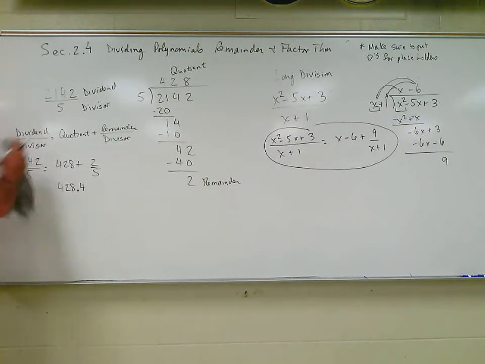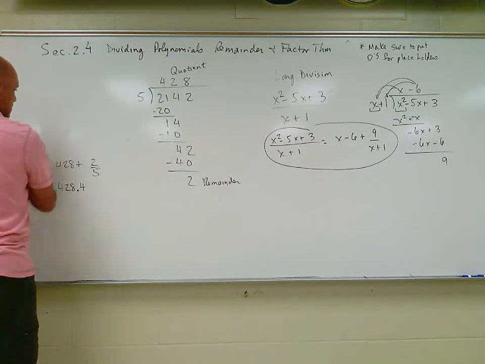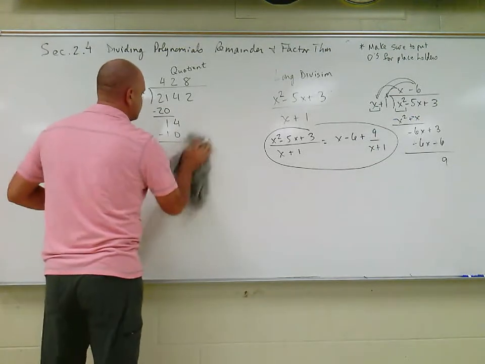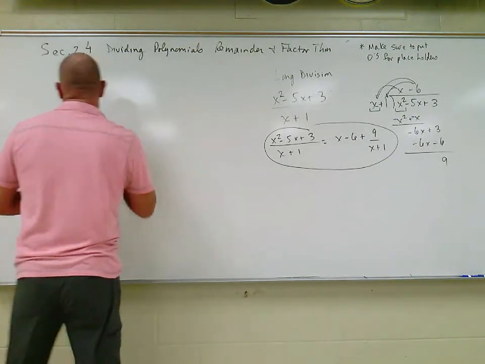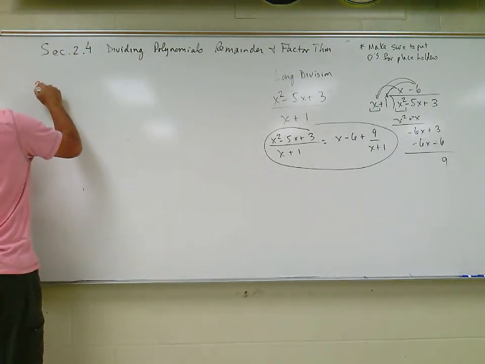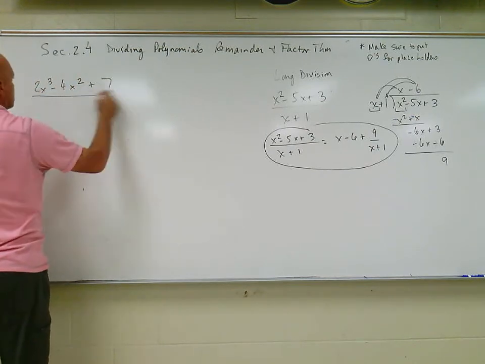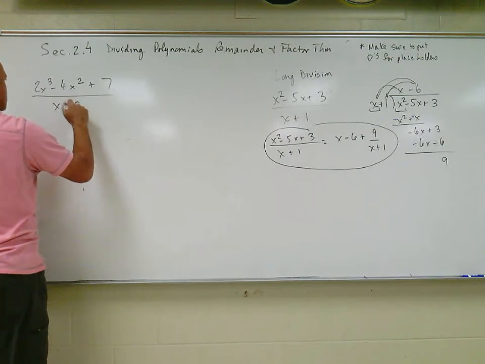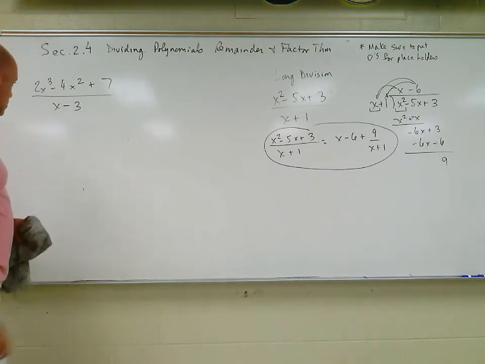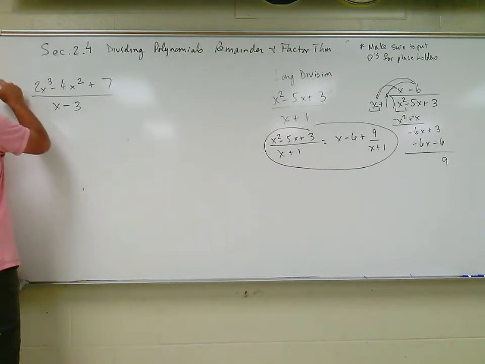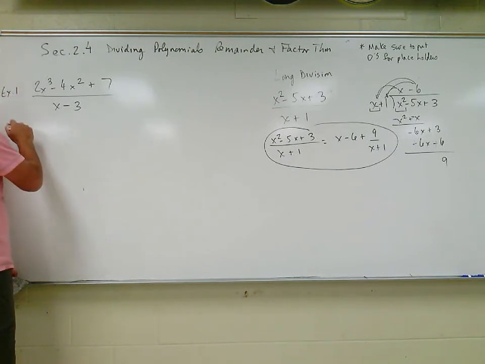So let's say we've got 2x cubed minus 4x squared plus 7 divided by x minus 3. All right, so this will be technically our example 1.